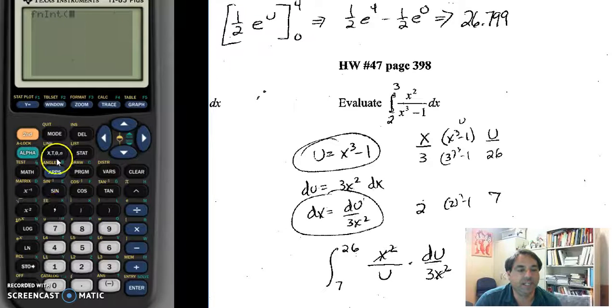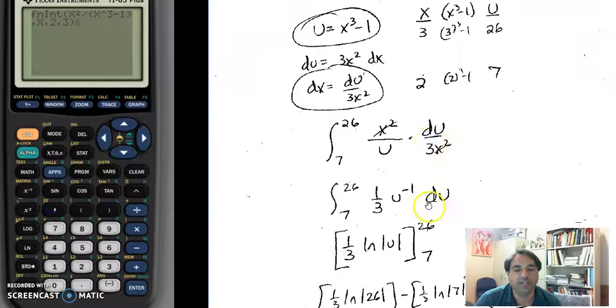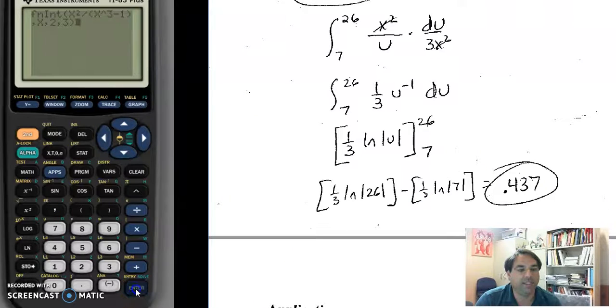The function is x squared divided by parenthesis x raised to the 3, subtraction 1, close parenthesis, comma, x, comma, lower bound 2, comma, upper bound 3, the original, and we should get 0.437, which is what we do.